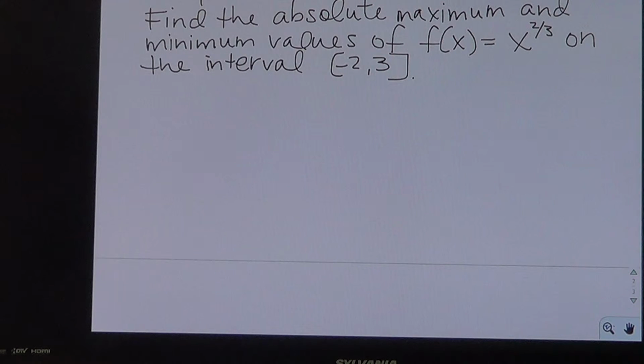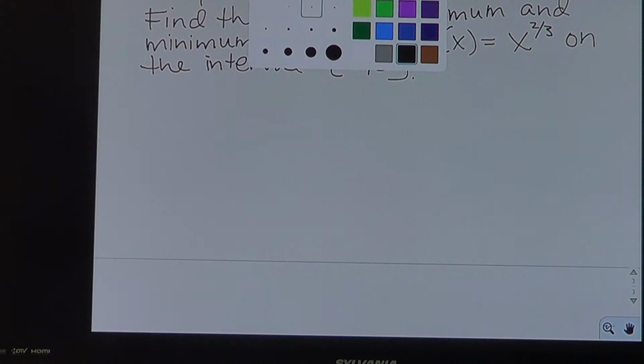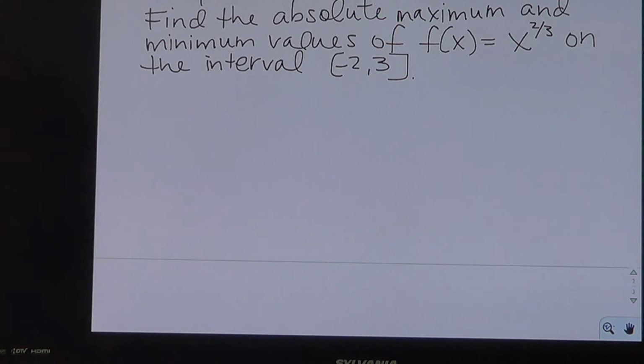We don't have to do that today, but do start bringing your graphing calculators if you haven't, because a lot of these it's a lot easier to see where the maximum and minimum are going to be if you can see what the shape of the graph looks like. But without doing that, we can do it by finding the derivative.